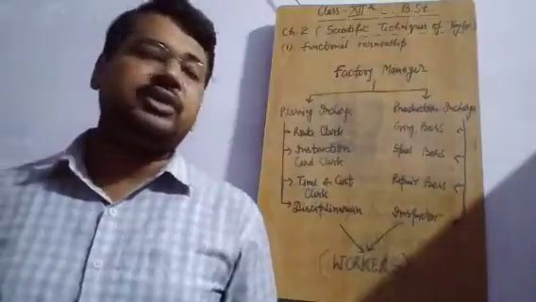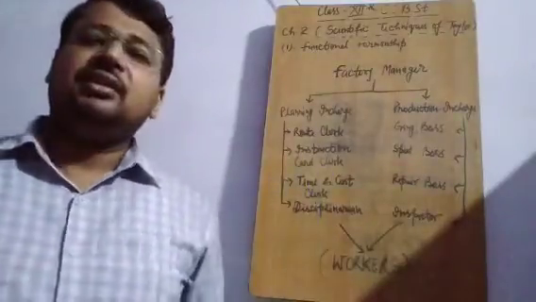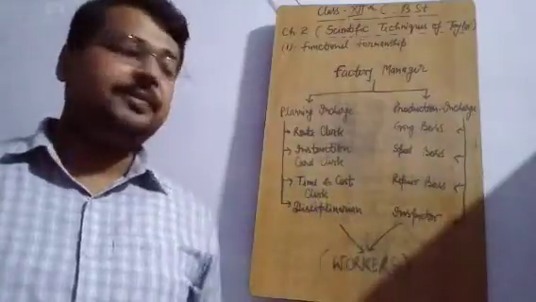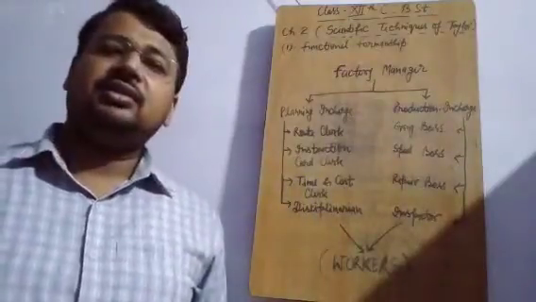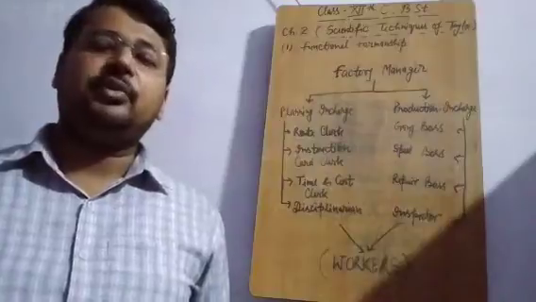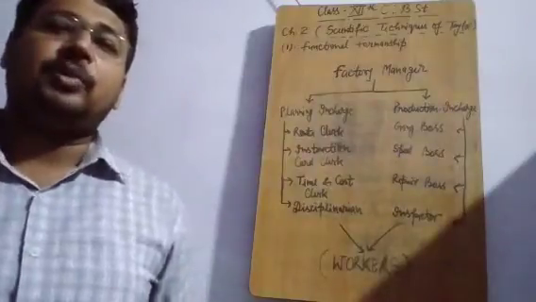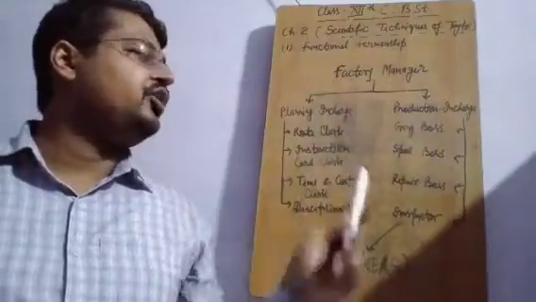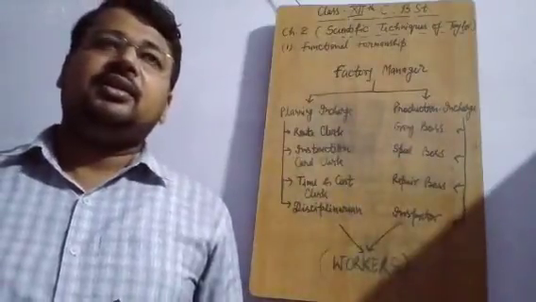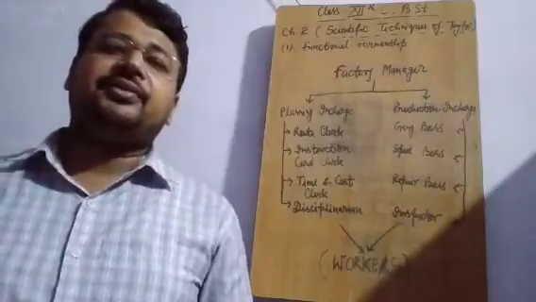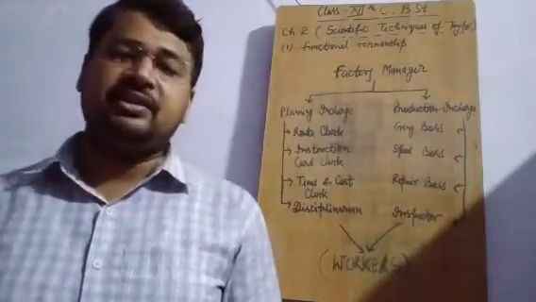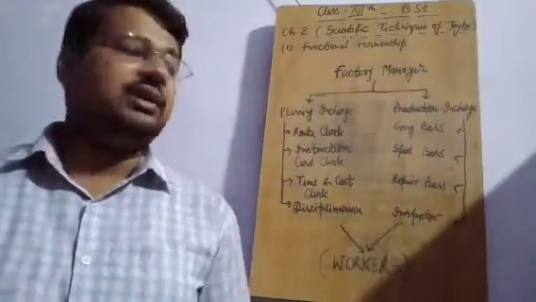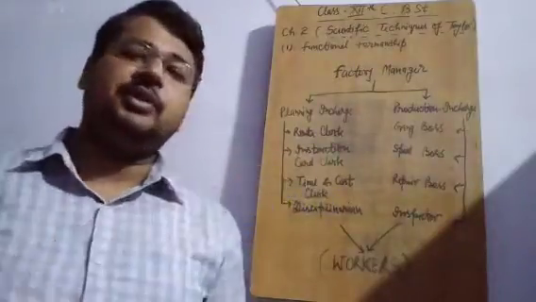If the person who is appointed as time and cost clerk is not capable enough to understand the scenario, how to minimize the time and cost, he is not aware of the things, then he will not be able to handle the issues properly. Okay, so the persons who are appointed as foremen should be efficient and trained enough to understand all the intricacies, all the complex technologies that are involved in that very responsible post.